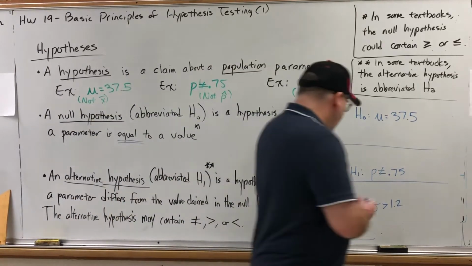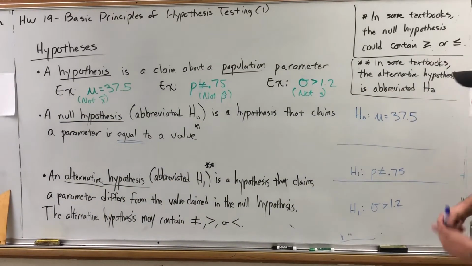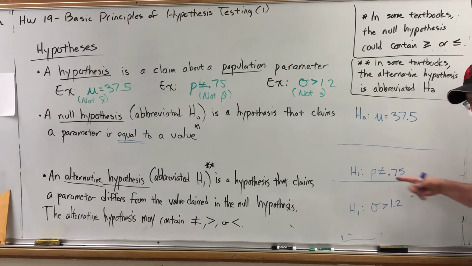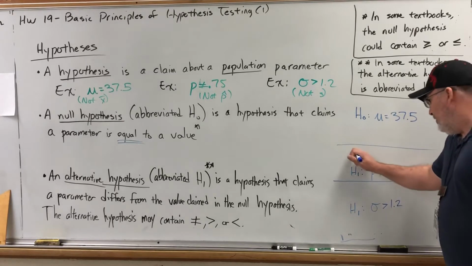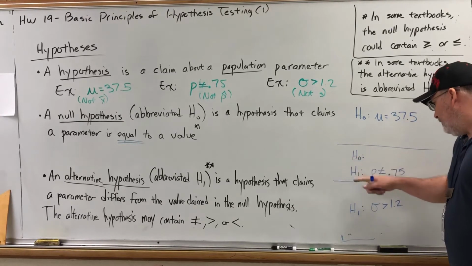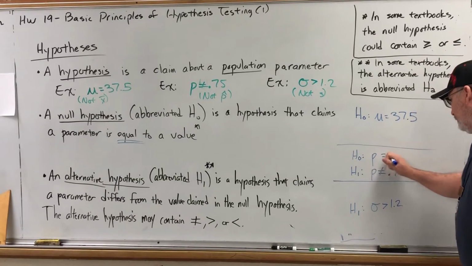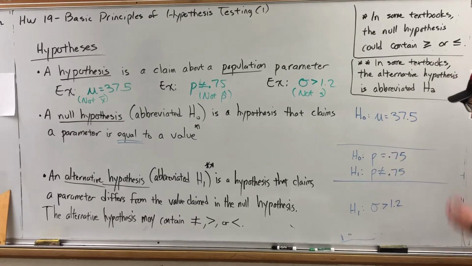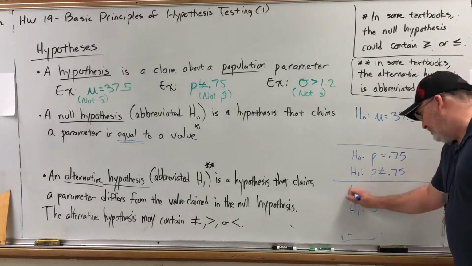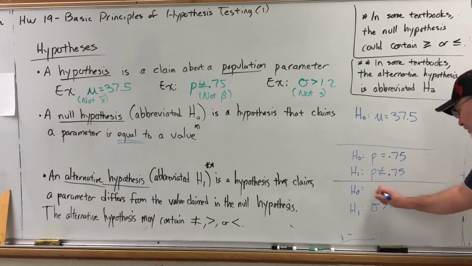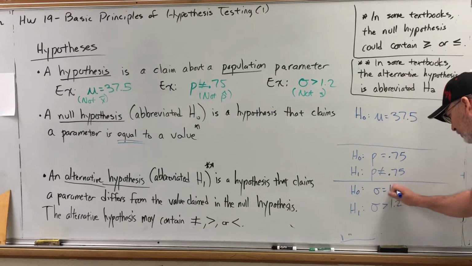So for example, if we use the author's definition of null hypothesis in this book, and we will, the null hypotheses for both of these simply have to say equal. So the null hypothesis for this first alternative hypothesis would have to be P equals 0.75. Whereas the null hypothesis for the second alternative hypothesis down here would have to say sigma equals 1.2.